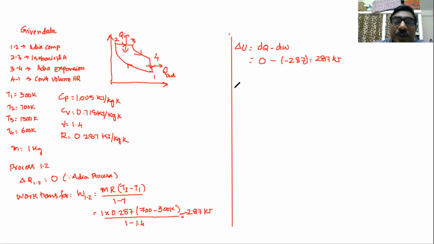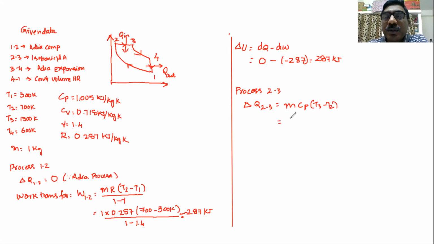Okay, so for process 2 to 3, what is this process? This is isobaric. Isobaric means the pressure is constant. Okay, and what is the heat addition in this one? So delta Q 2 to 3 is equal to, constant pressure heat addition means it depends on the specific heat and temperature difference: m Cp into (T3 minus T2).